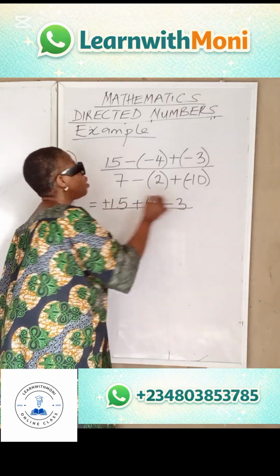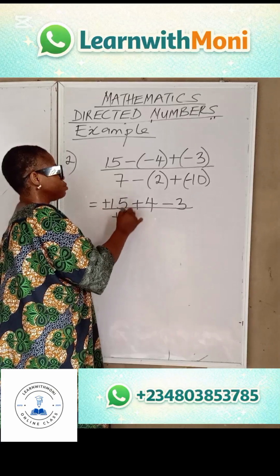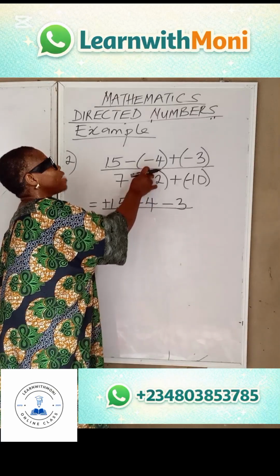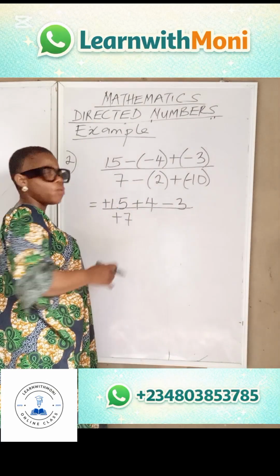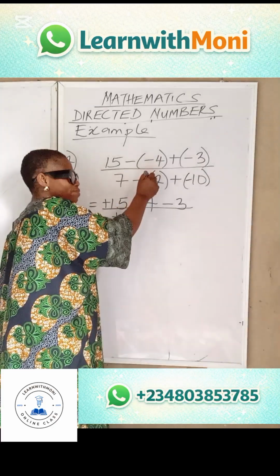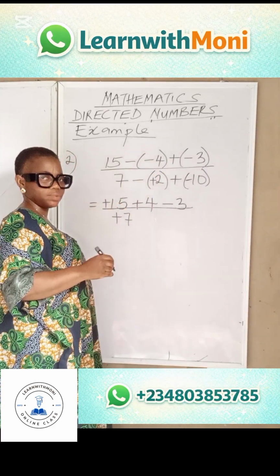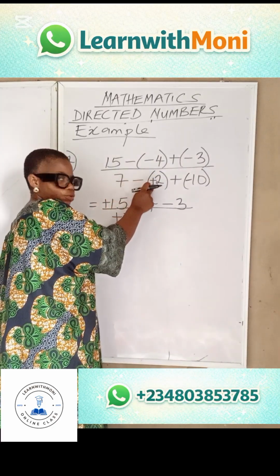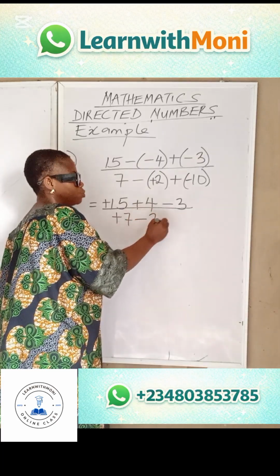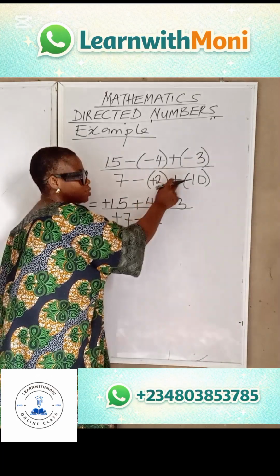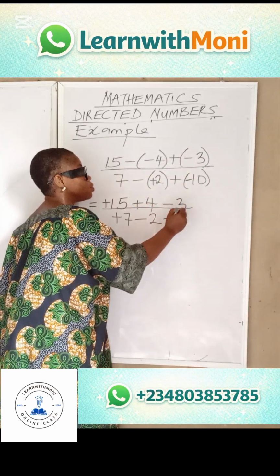At the denominator, we have positive 7. There is no sign in front of these two. When there is no sign, it means there is an invisible positive sign. That is minus times plus, minus 2. And this is plus times minus, which is minus 10.